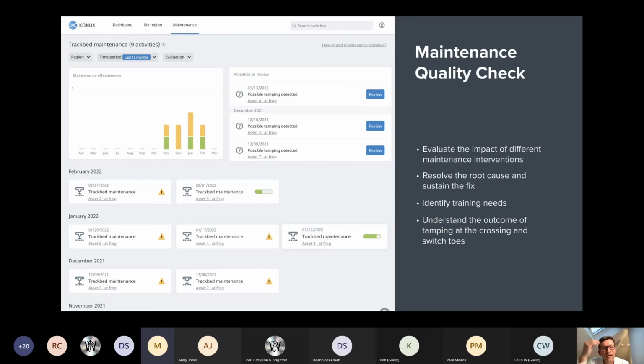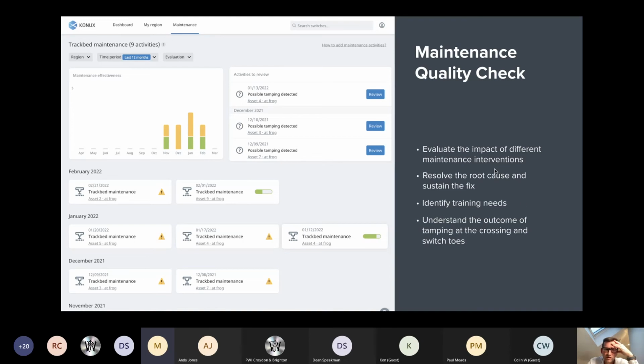Then maintenance quality. There are 2 ways that we identify maintenance quality automatically. One is through detecting change. If something happens at the asset and the change is relatively significant, we're able to identify that and pull out an activity for review by the engineer.